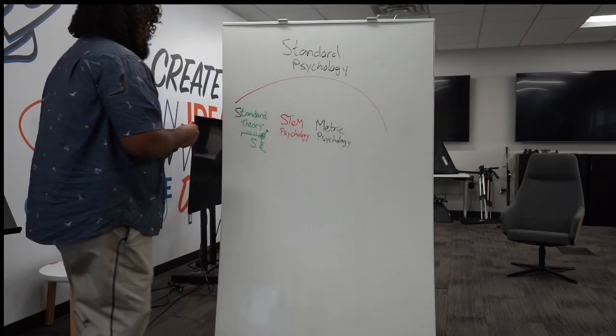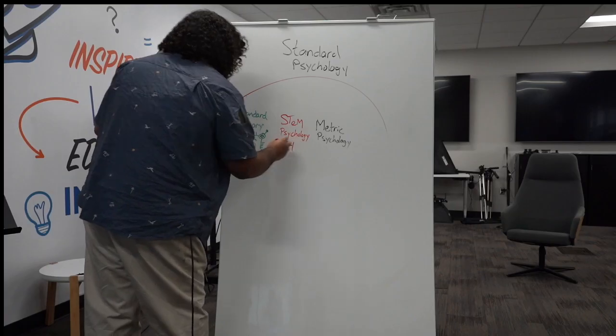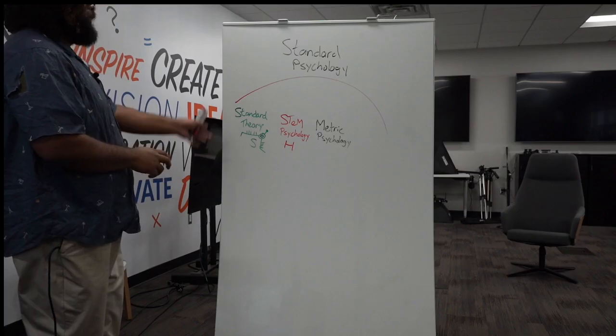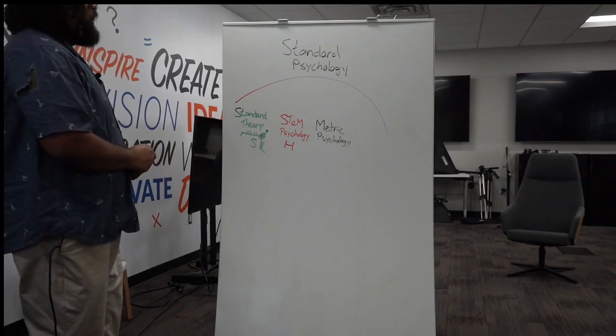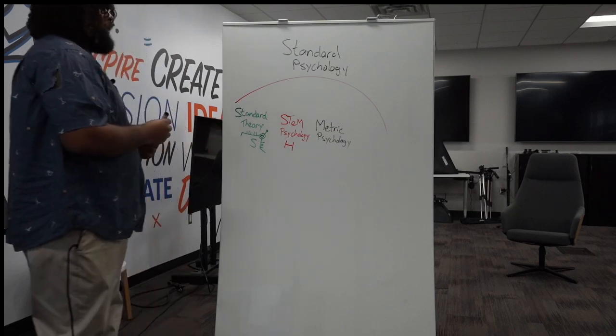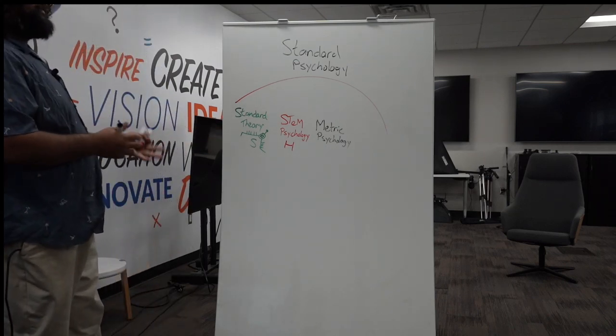So our STEM psychology gives us an interval to work on. We should have an interval between most of those phenomenologies. With metric psychology, we have to think about the magnitude of each individual unit.